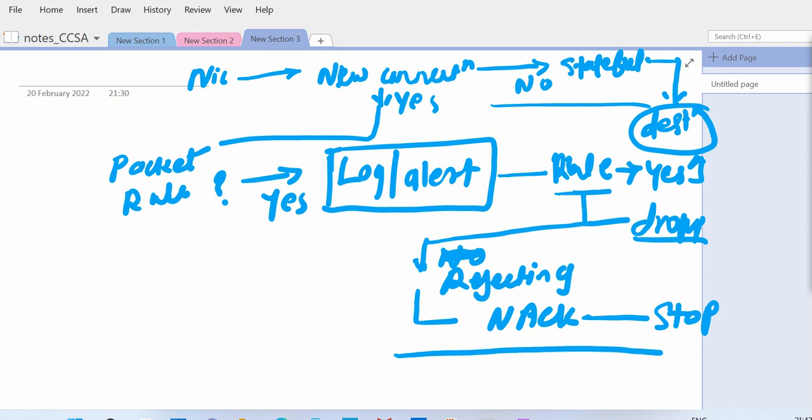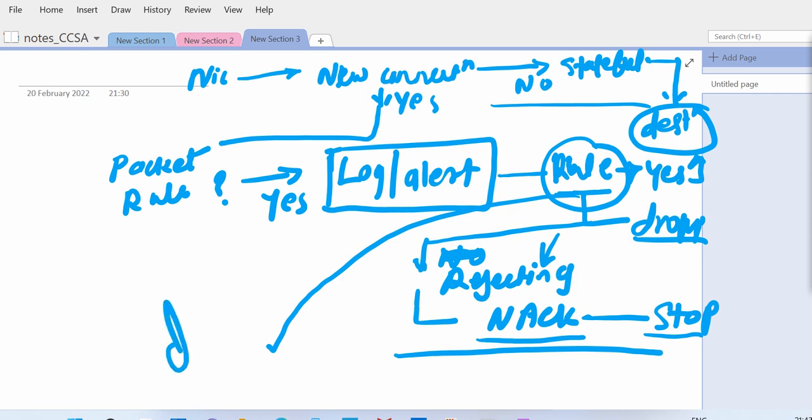When your rule is rejecting your packet, then a negative acknowledgement is sent and the processing is stopped. If no rule sees that packet matching, then it's ultimately dropped. There is no need to do anything here. Okay, I hope this part is clear.